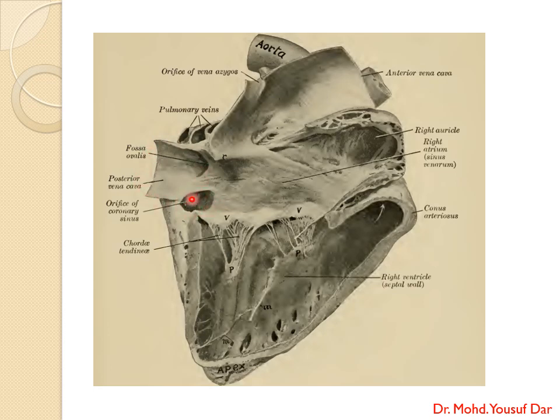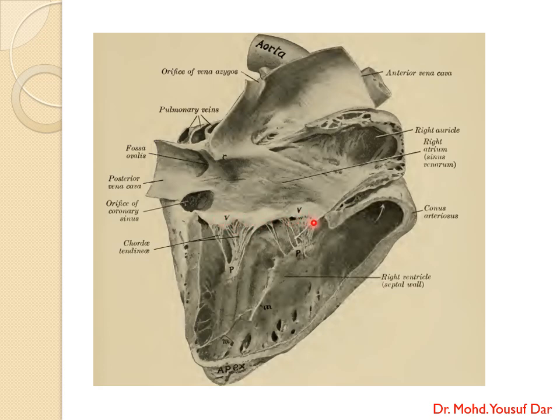This is the opening of the coronary sinus where the great cardiac vein and vena hemiazygos open, and this is the right atrioventricular orifice. It is guarded with these valves.